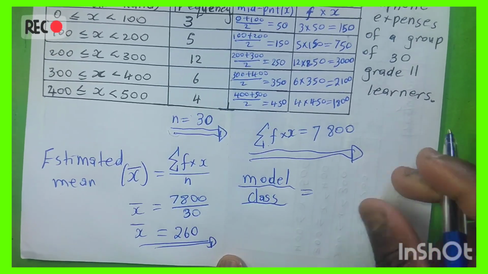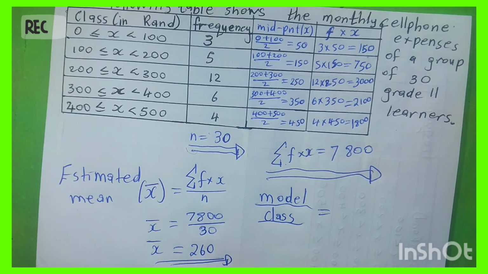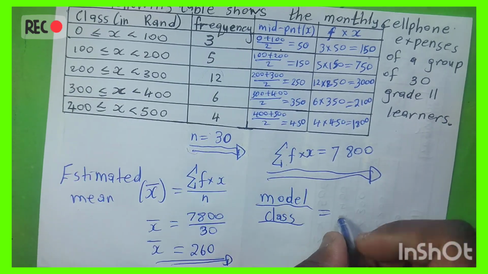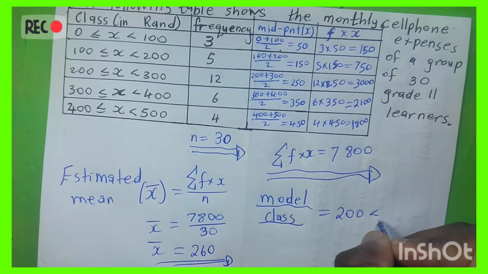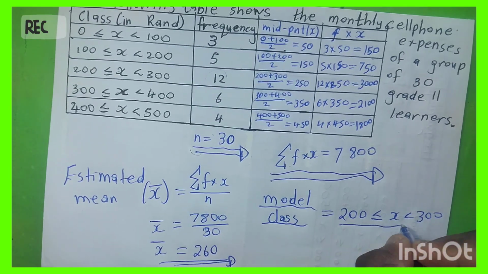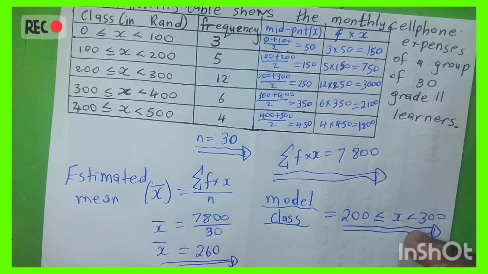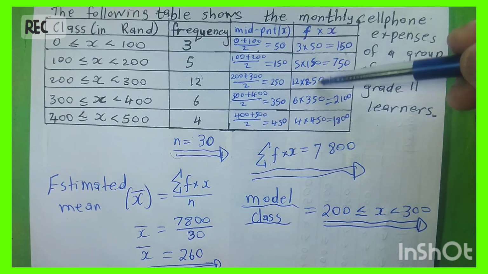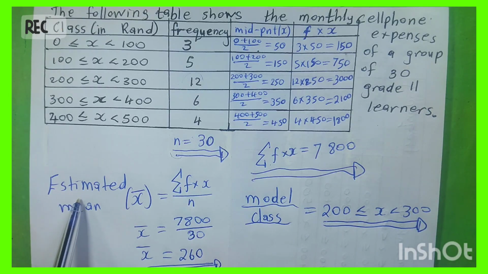The modal class is the interval which has the highest frequency, meaning the answer is an interval. Just know how to get here in order for you to get the estimated mean.